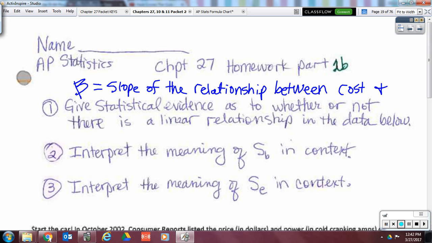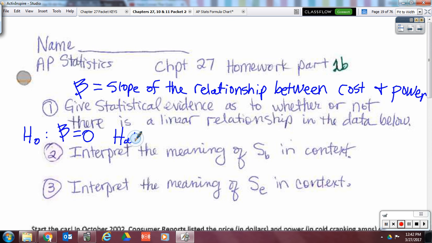The cost of the batteries and the power of the batteries. Okay, what will our null hypothesis be? No linear relationship means beta is 0.